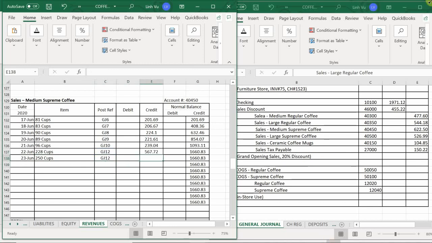And this time it's for the total amount of $622.50. Okay. Which then brings my running balance to be $2,283.33.